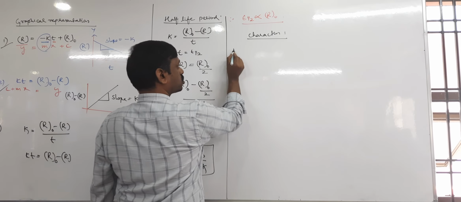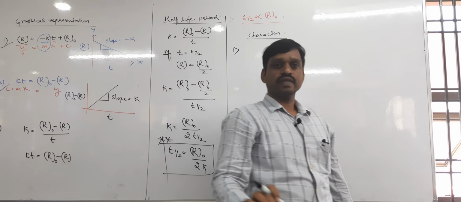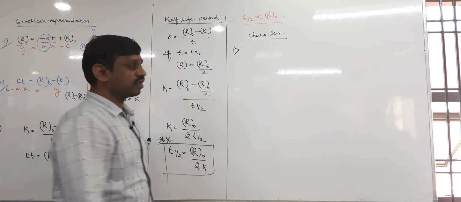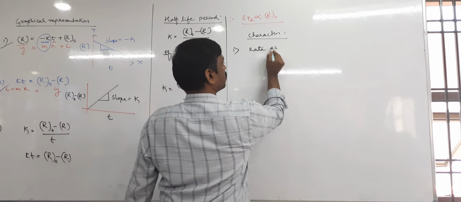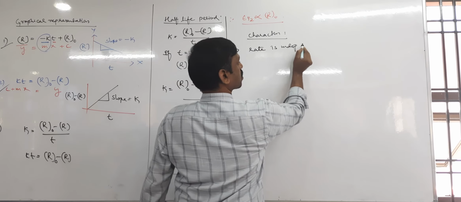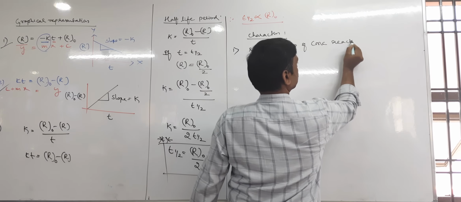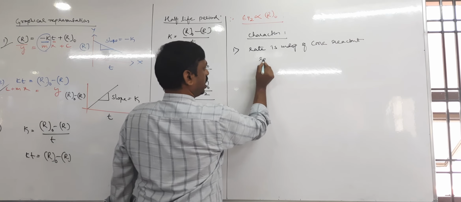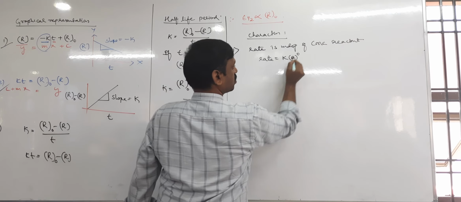Tell me, the first point in the characteristics of zero order reaction: rate is independent of concentration of reactant. That means rate is equal to K into R power 0.